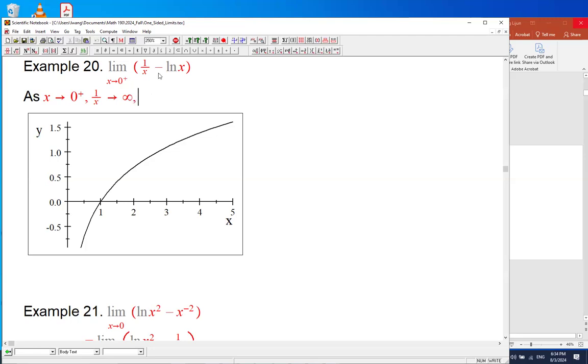How about ln x? At the same time, ln x is approaching negative infinity. So infinity minus negative infinity, the whole thing is going to approach positive infinity. So that's the limit.